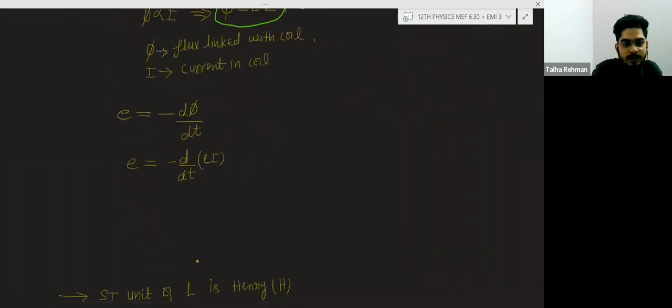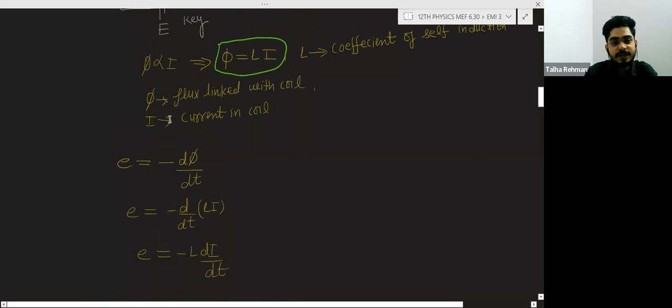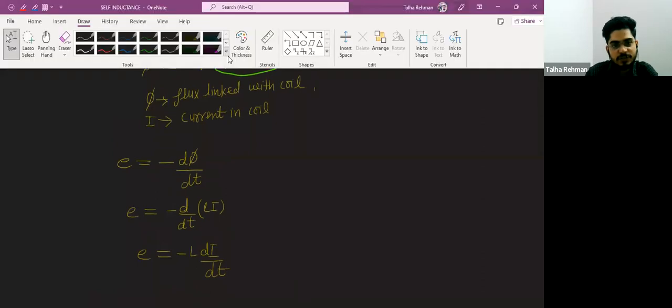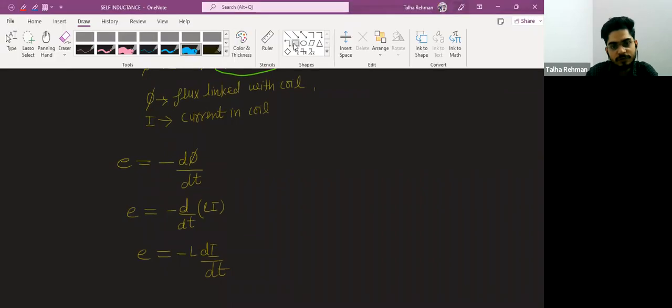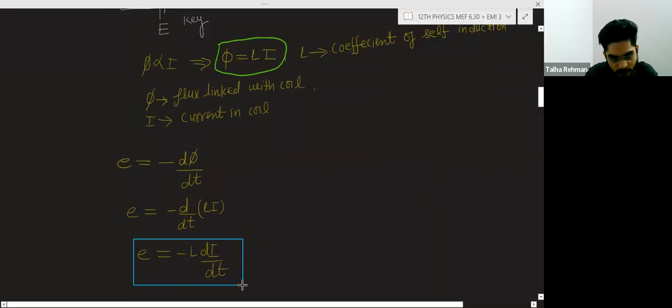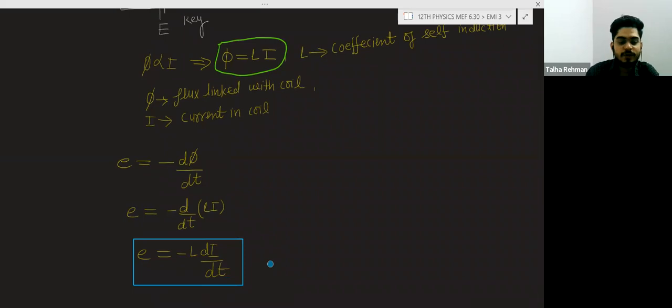Finally, what will you get? You will get E is equal to minus L di by dt, and I have already told you what di by dt is: the change in current with time, or you can say the rate of change of current. So you will get this formula.